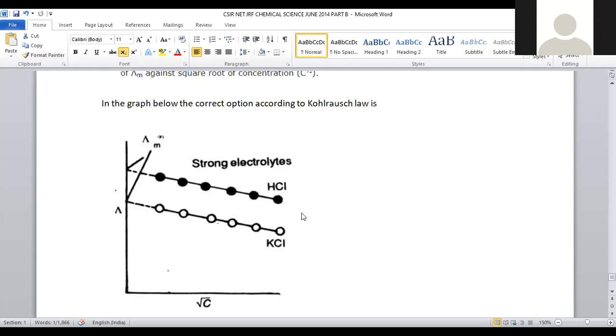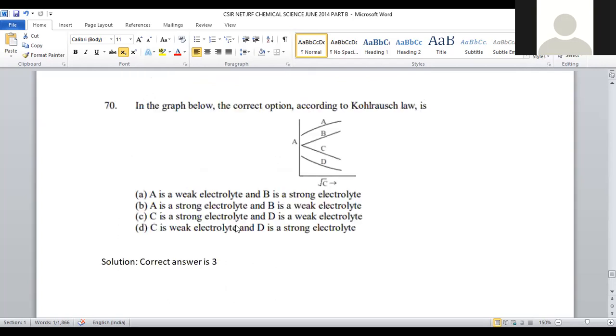If we observe the given graphical representation, here a straight line is observed. C will be the graph line corresponding to the strong electrolyte, and the curvature you can see with the D line belongs to the weak electrolyte. This is in accordance with the Debye-Huckel-Onsager equation.